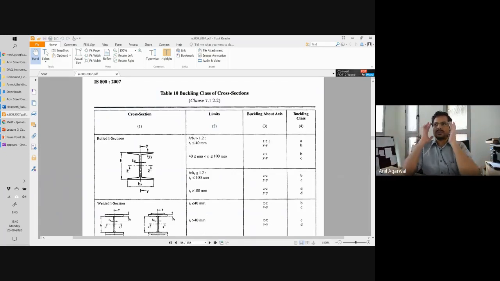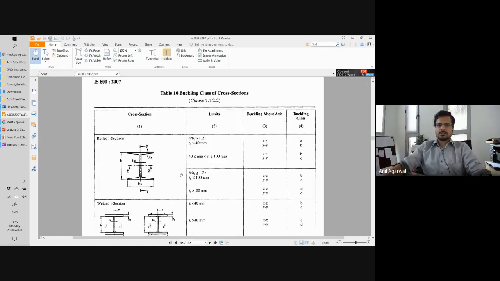And if you remember when we were doing the discussion initially about imperfections, I had said that the rolling effect is such that the hot rolled sections are more likely to be imperfect in the minor axis than in the major axis. And that you can see. If you buy any hot rolled sections, especially I sections, in the field, and you put the I section straight and try to visually see whether it is perfectly aligned or not, it is more likely to have a slight curvature in the minor axis than in the major axis.